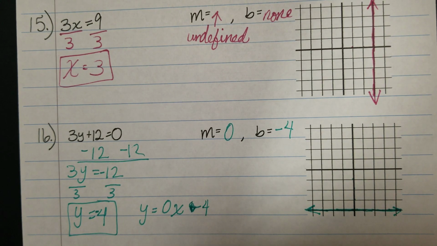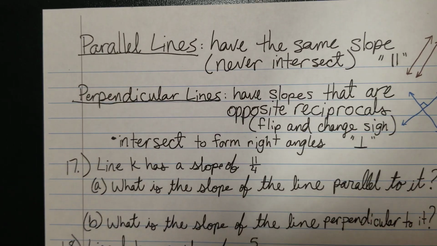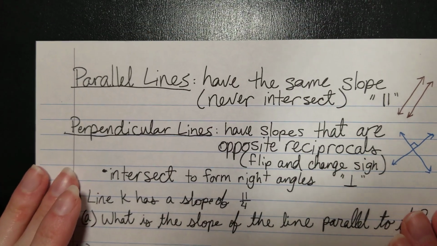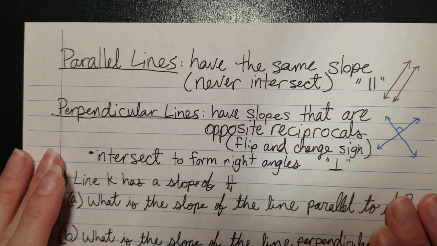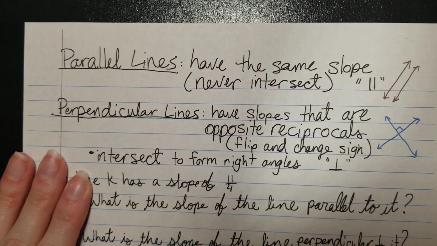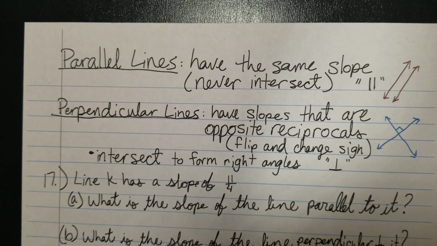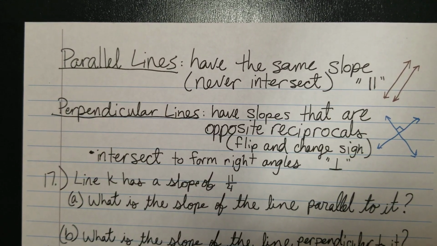All right. Parallel and perpendicular lines. Okay, so you probably have some idea, a concept of parallel when you think about two streets that maybe run parallel to one another. If they were parallel, then they would not intersect, right?